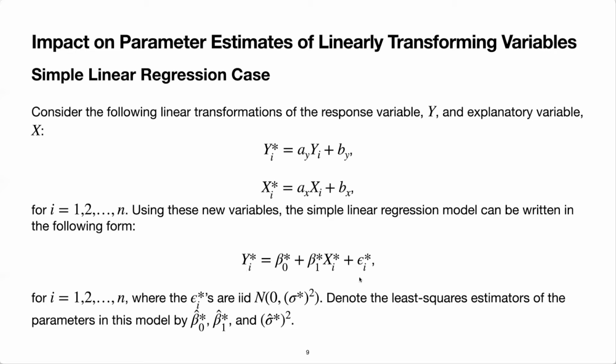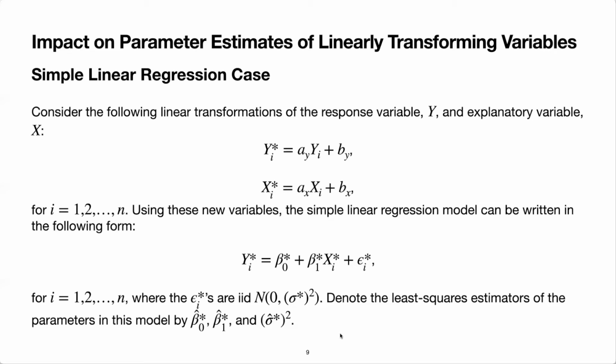So we've got stars on everything here to indicate that these are the variables and the parameters for this new model, the new model that utilizes the linearly transformed variables. Notice also that the error terms, epsilon sub i star, are IID, normally distributed with a mean of 0 and a variance, which we'll denote by sigma star squared.